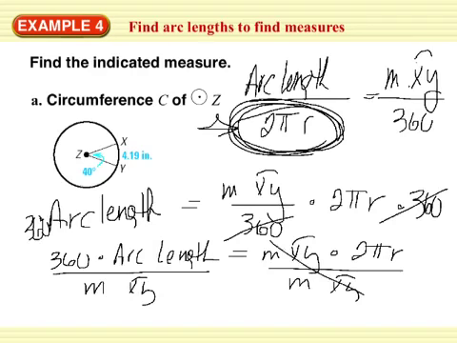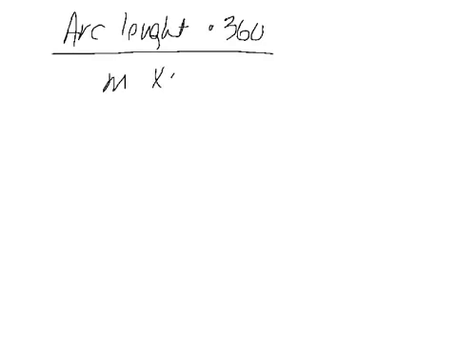I'm going to switch the page. So write this down. I'm going to add a slide. So our final equation is, if we're solving for circumference, arc length times 360 all over the measurement of the arc, and that equals 2 pi r, which is your circumference. So I can cross that out and say just plain old circumference.